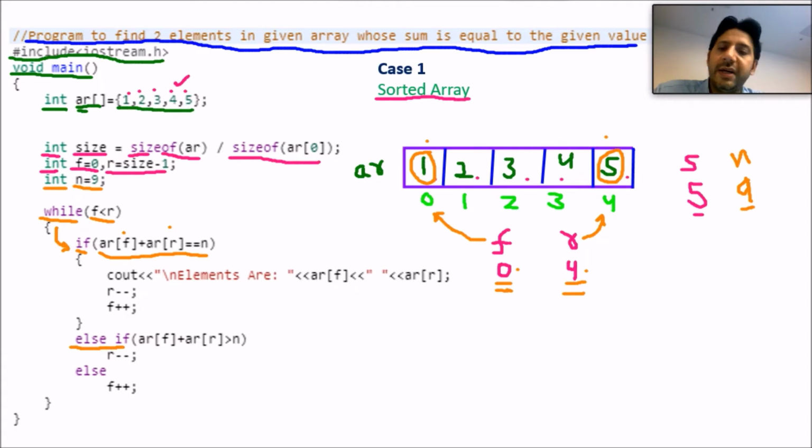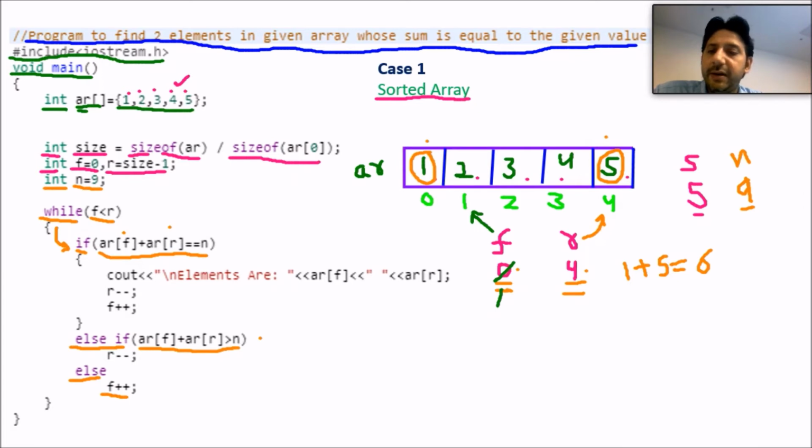Now ar[f] plus ar[r] is greater than n? We calculated 1 plus 5 as 6, and that is not greater than n, so it will come down to the else part. Now f plus plus, so the value of f will be incremented. It will be 1, and now f is pointing to 1.